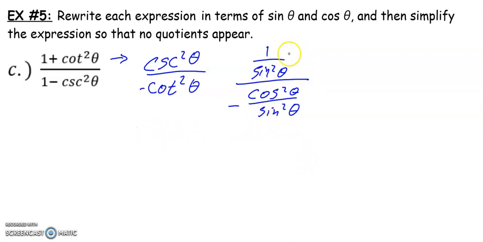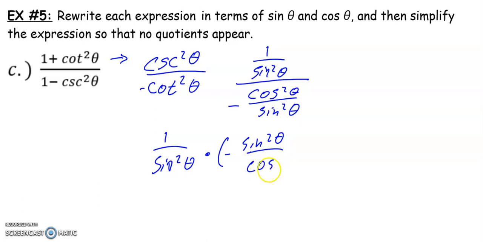So I am dividing with fractions. So again, I'm going to keep the top fraction the same, multiply by the reciprocal of the bottom fraction. My sine squareds are going to cancel out.